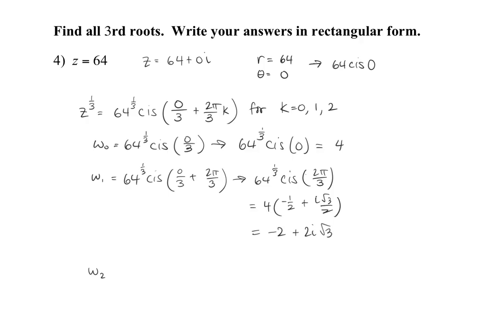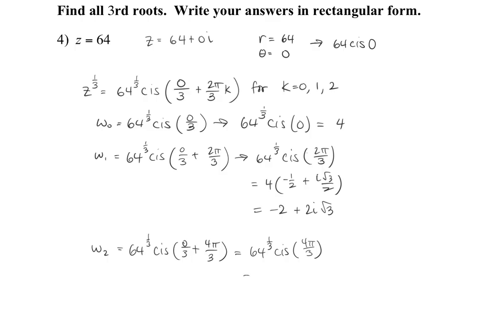And then for the third case, when k equals 2, we have 2 times 2 pi thirds, which is 4 pi thirds. So now we can figure out the cosine and sine of 4 pi thirds.